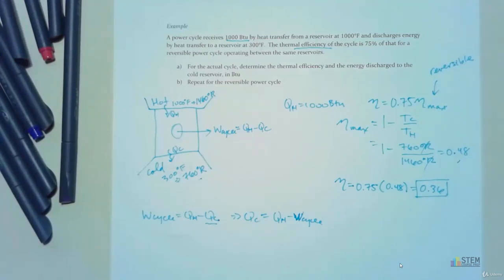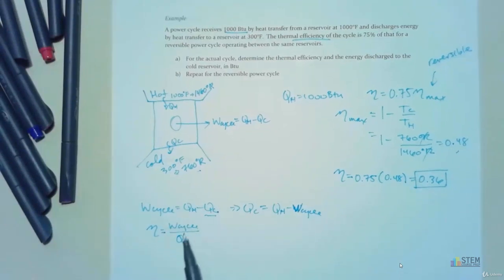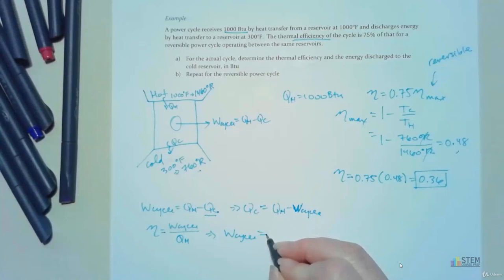Now let's look at our equation for eta, our thermal efficiency. If you remember, that had the work of the cycle in it. And the equation was work over QH. That means we can solve this equation for this work, and that's what we need up here. So work is going to be our efficiency times QH.